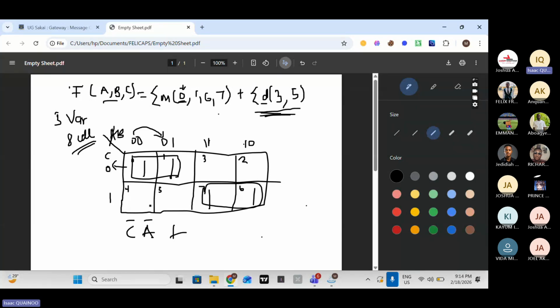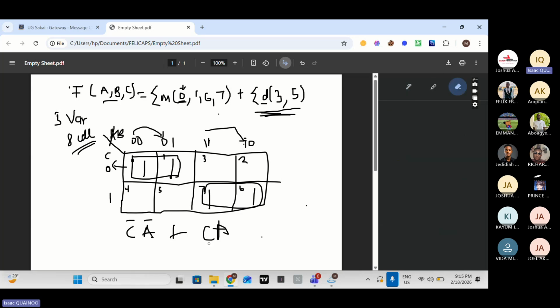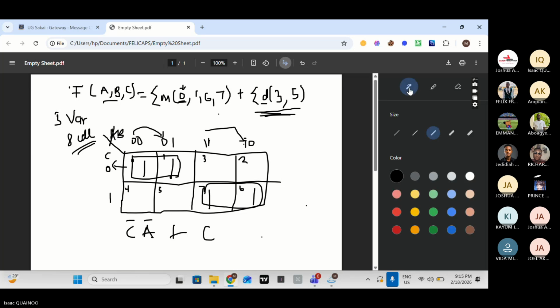So here becomes a 1, so you have a C. 1 and a 1 retains you an A. So please, if I get you right, this was the final expression that you derived. Yes. Okay.